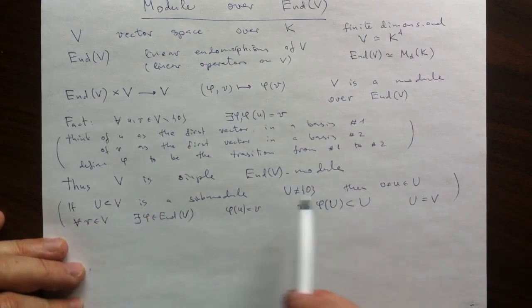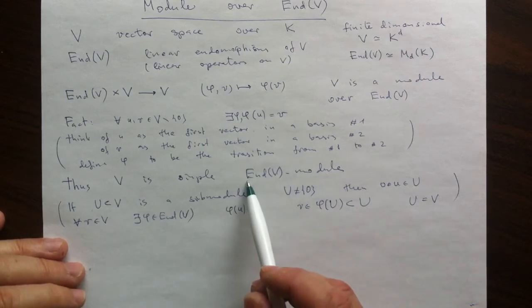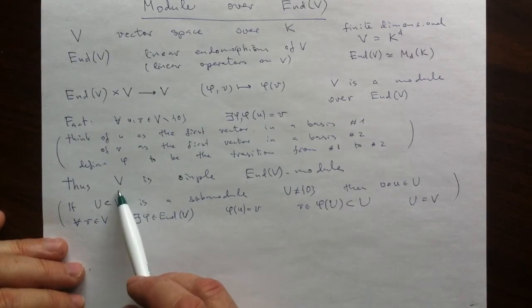So we started with a submodule, assuming that it is not zero, then it has to be everything, so that makes this module to have only trivial submodules.